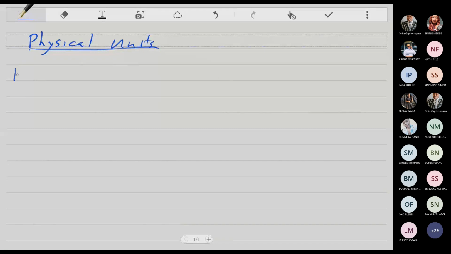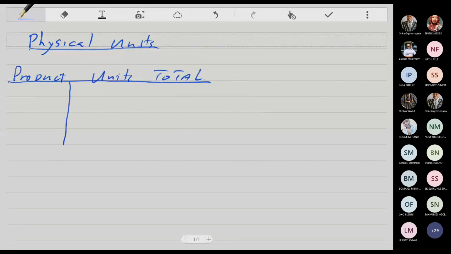So the columns are going to be our product, followed by units and the total. So we've got Cell A and Cell D.